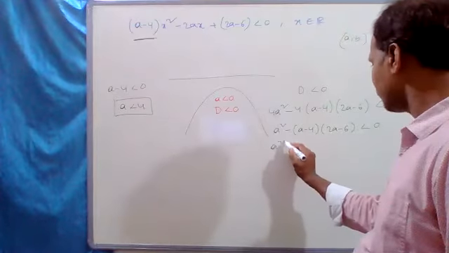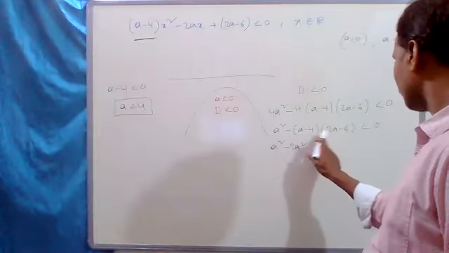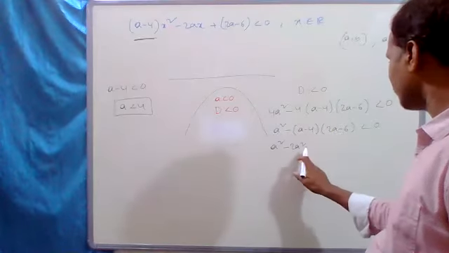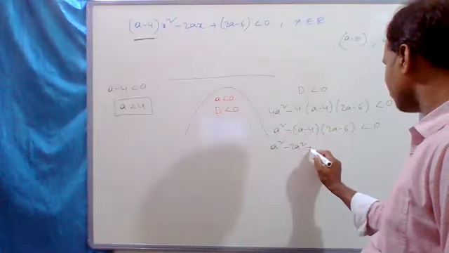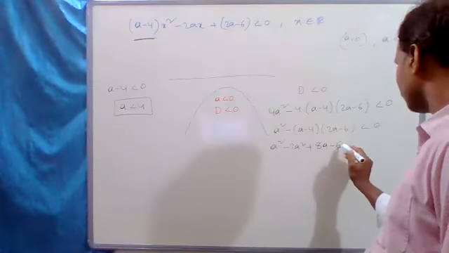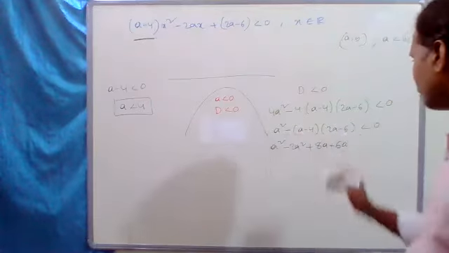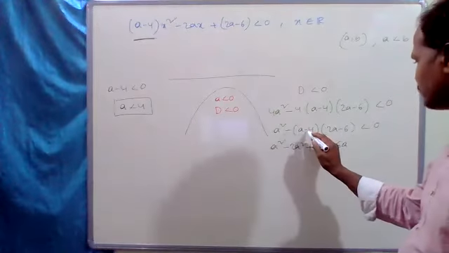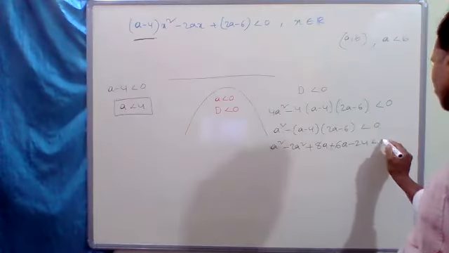So a square minus 2a square, plus 8a, plus 6a, minus 24 less than 0.